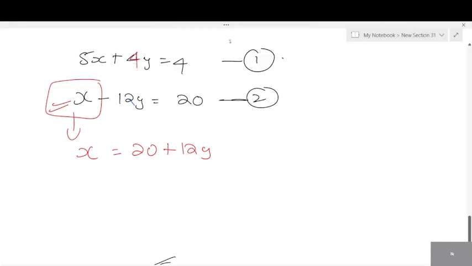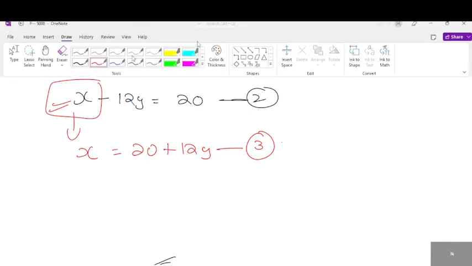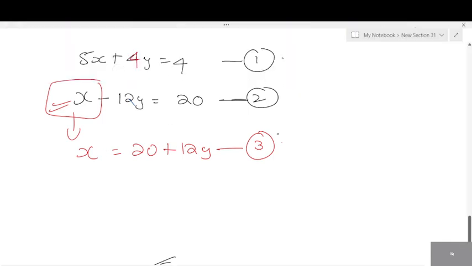So already we have two equations, students. What will you name this equation as? What will you name this one as? Now where do we need to substitute this equation? X is equal to 20 plus 12y. In which one?